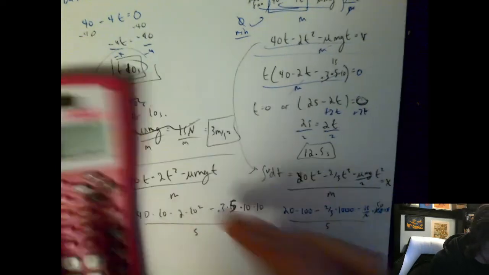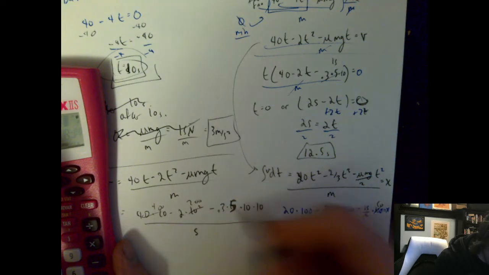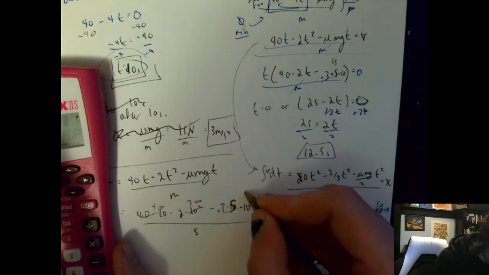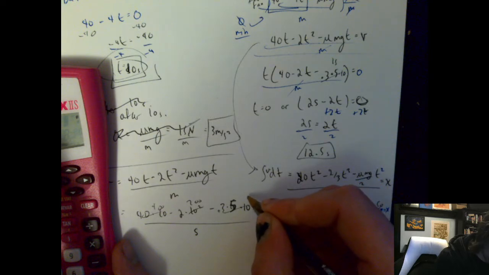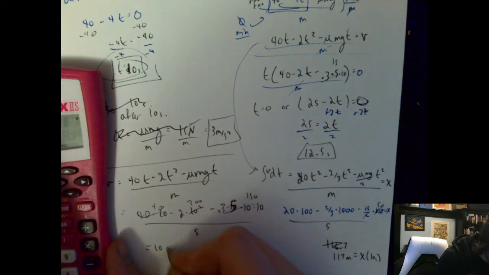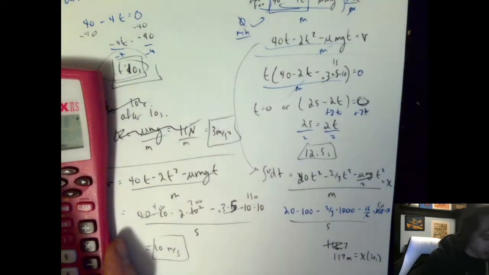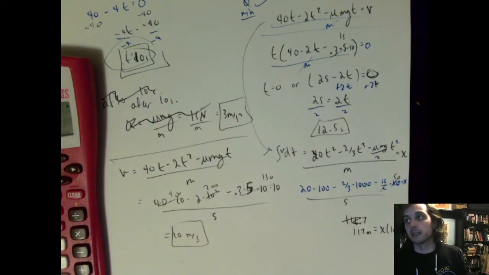So 400 minus 200 minus 15 times 10, 150 divided by 5 is 10 meters per second. So it's going 10 meters per second when the battery dies.